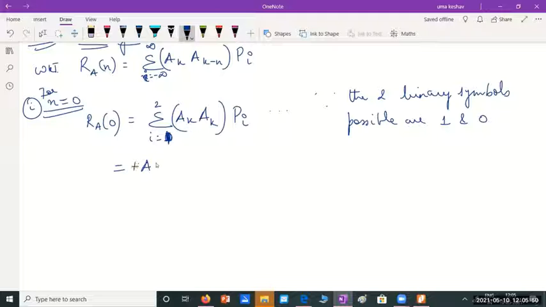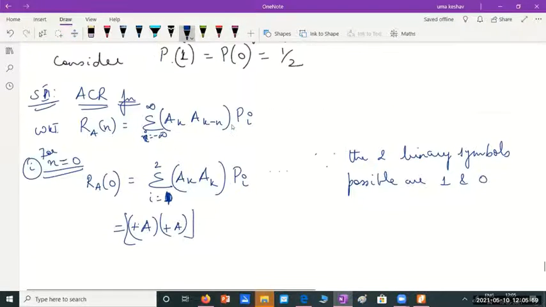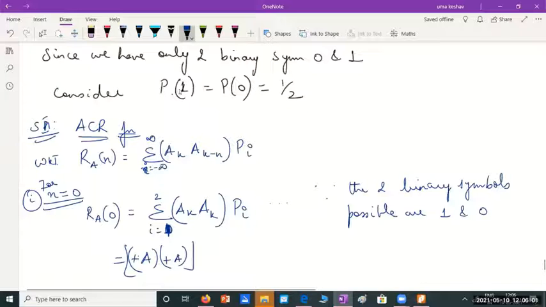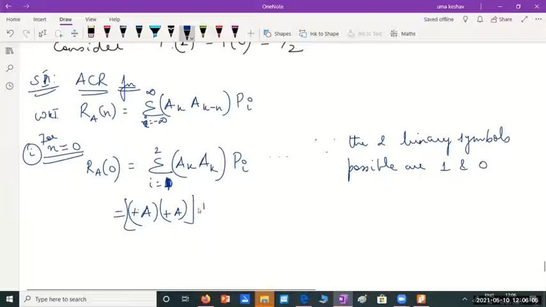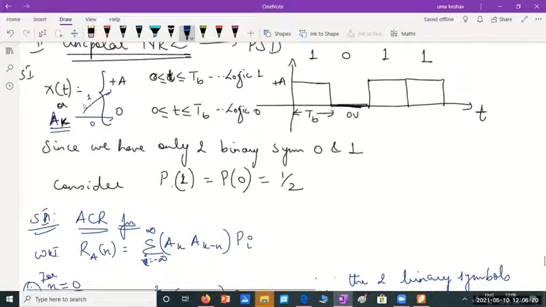Plus A into plus A into what is the probability of occurrence of symbol 1? Probability of occurrence of 1 is half. Multiply. I'm just expanding this summation. That's all. I'm not doing anything else. Plus the second case: what are the amplitudes when the symbol is 0? What is the value of ak when the symbol is 0?